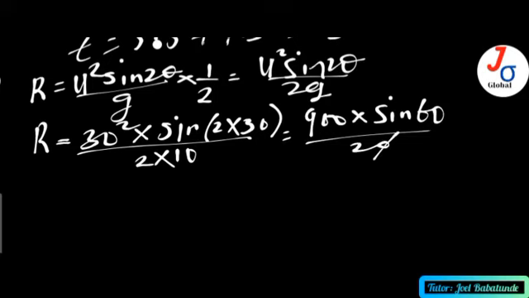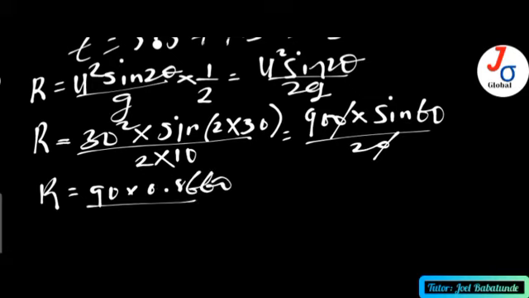So 0 cancels out 0, and so I am left with 90 multiplied by sine 60, which is actually 0.8660, then divided by 2, and that gives us 90 times 0.8660.